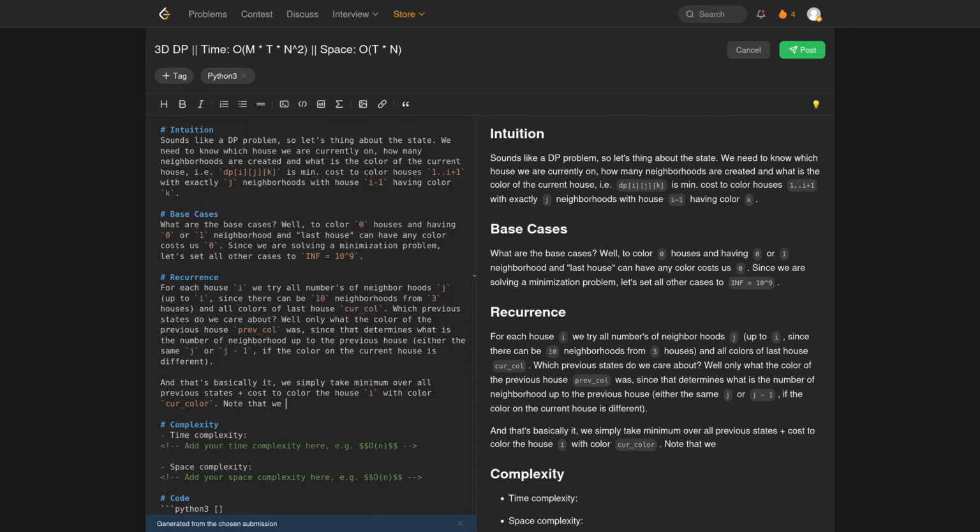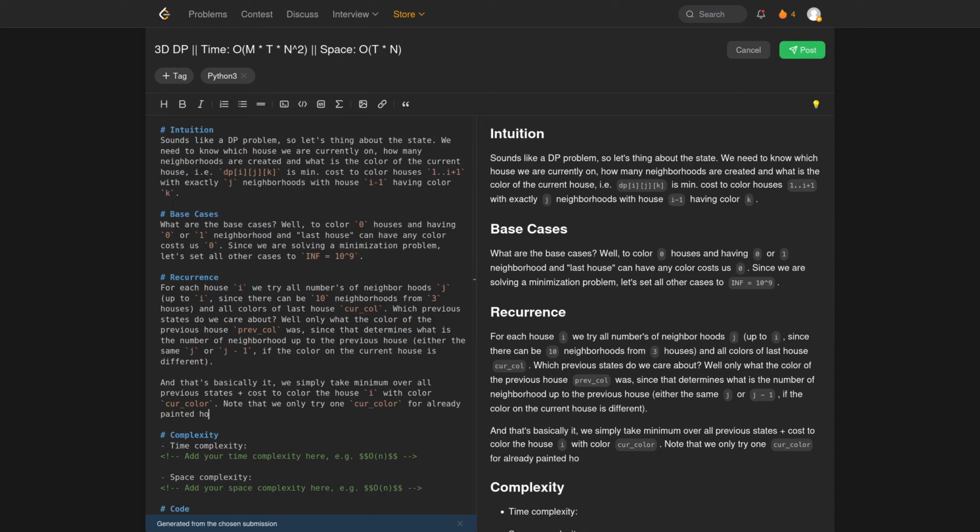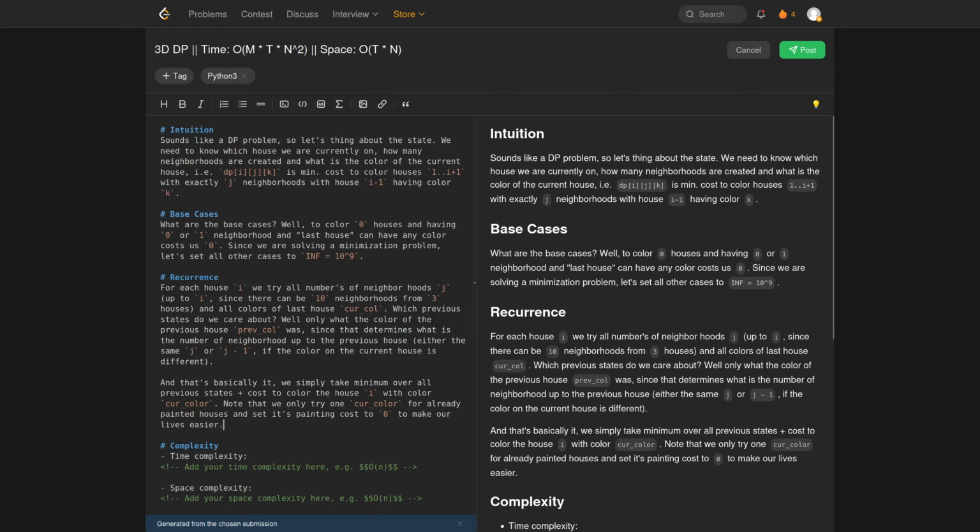Note that we only try one color for already colored houses and set its painting cost to 0 to make our lives easier.